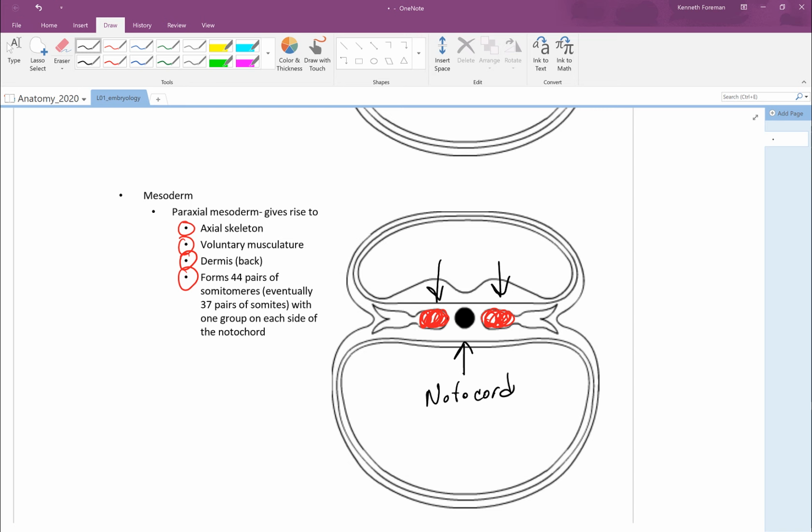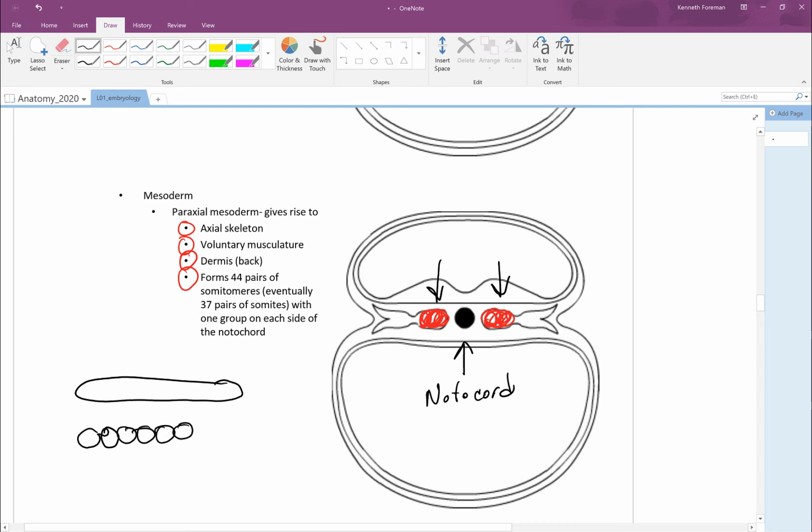And if this was midline, I'd have that on both sides of midline, going all the way down. That's what you're seeing right here, that paraxial mesoderm going down each side of the notochord.